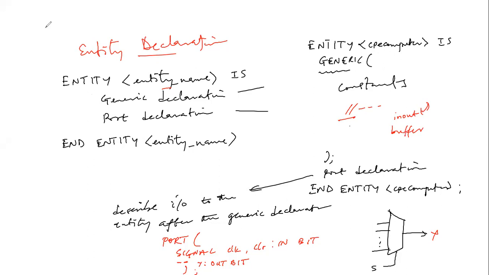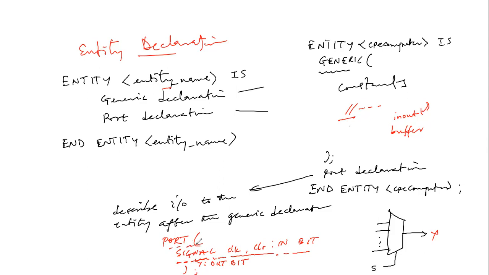Now, sir, did we comment out the signal, or what exactly did we comment out under the ports? No, I just put this. We are not commenting out the signal. It's just a comment. Probably you want to put a comment here. I just wanted to tell you, it could be in between the signal and the output bit, or it could be here.